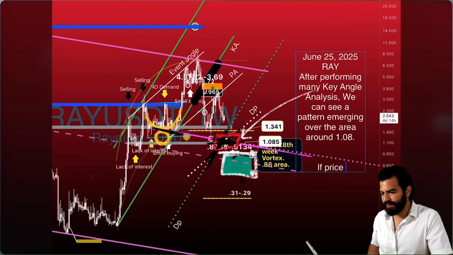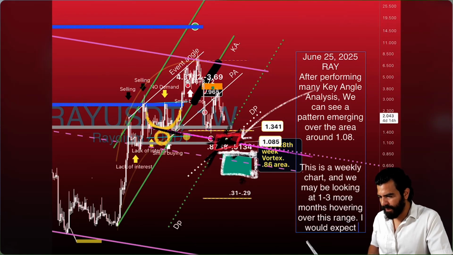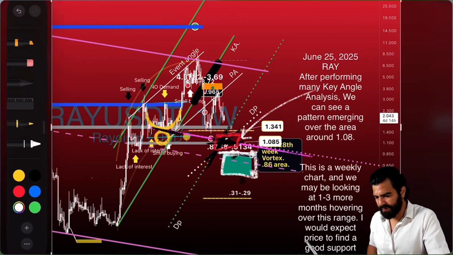If price, this is a weekly chart, and we may be looking at 1 to 2 more months hovering over this range, I would expect price to find a good support here if weakness continues to bring us to this range.